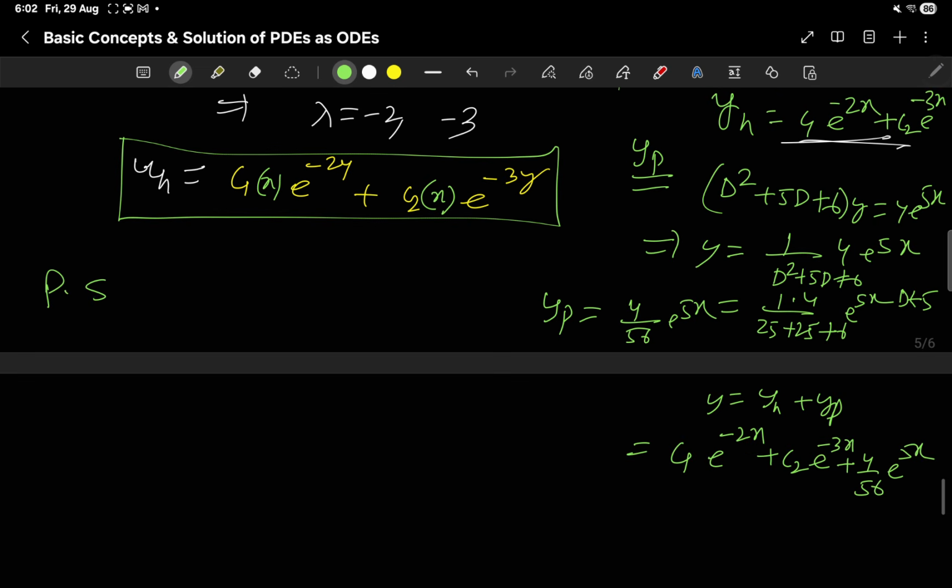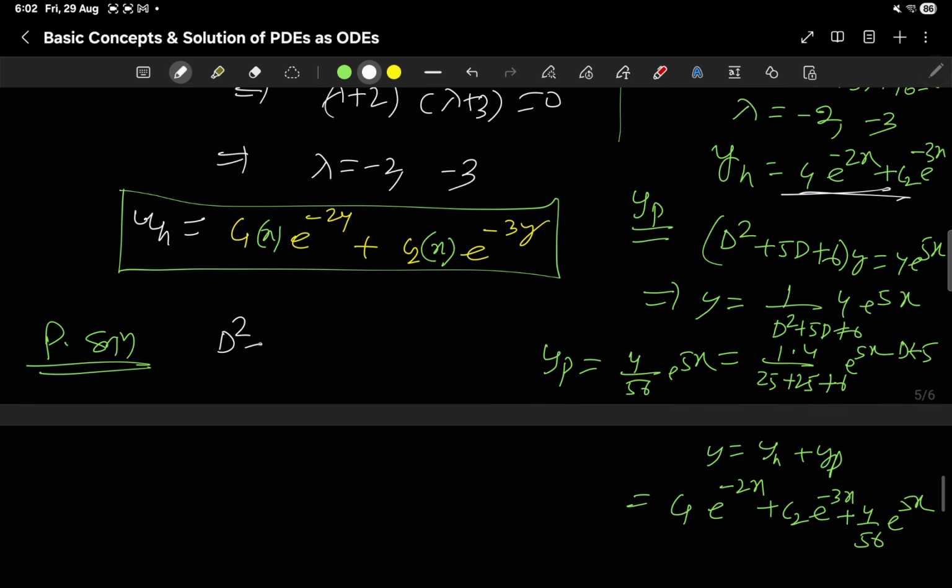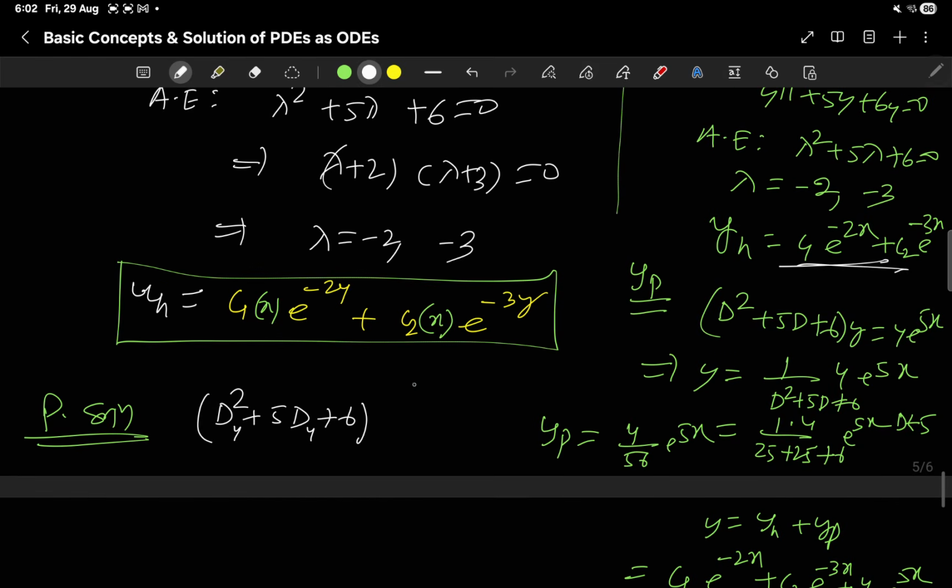Then what will happen to my u particular? In the particular solution you can write it as 1 by D square plus 5D plus 6, where D is a function of y here, and this u will be my 4 e to the power 5x.